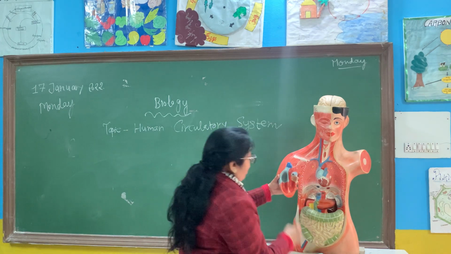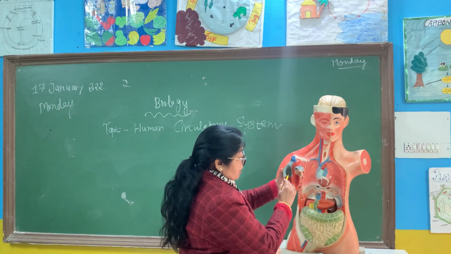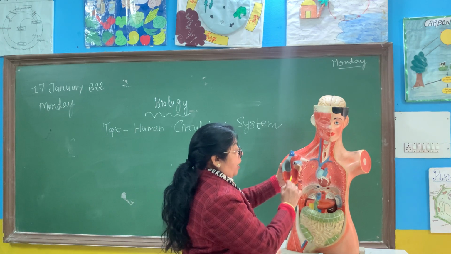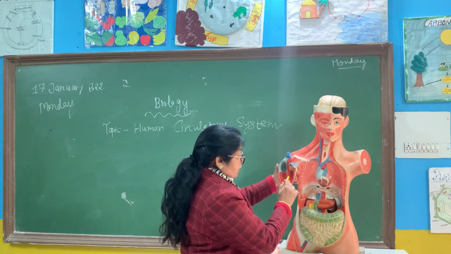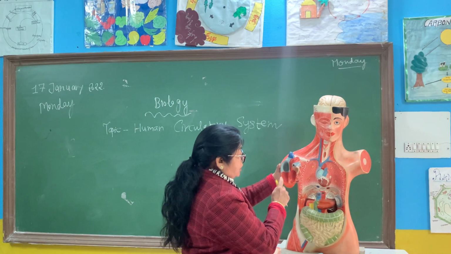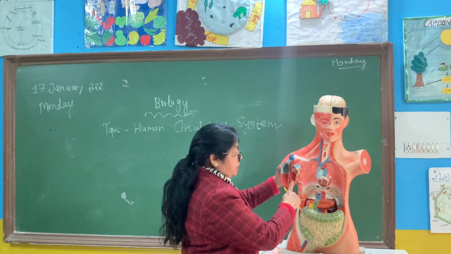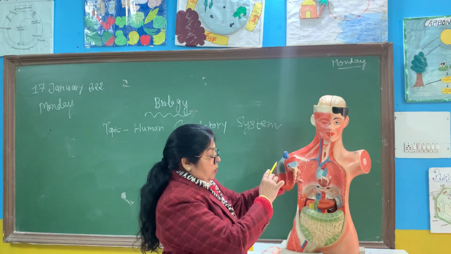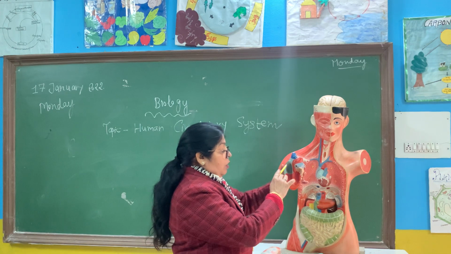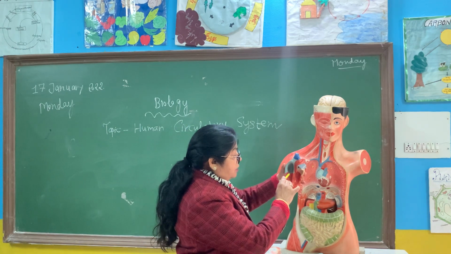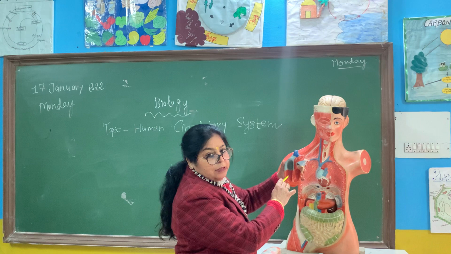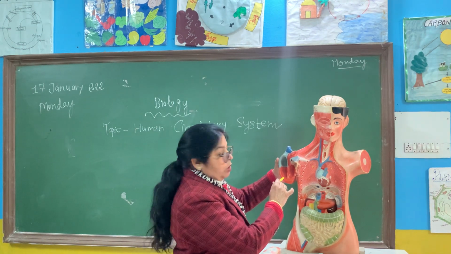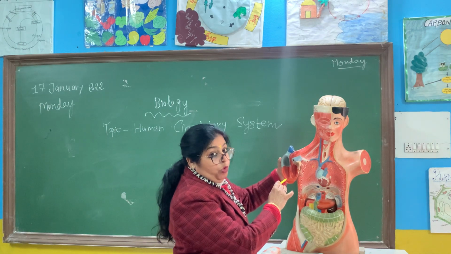This is the part, the pericardium, by which the right atrium and the left ventricle are separated. The lower parts are the right ventricle and the left ventricle, in which first of all the blood comes into the right atrium. Here is the valve which is named the bicuspid valve. This valve opens and blood goes into the right ventricle with the flow.